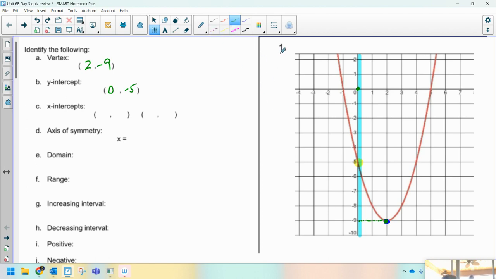X-intercepts. Well, if the y-intercept is where it touches the y-axis, then the x-intercept must be where it touches the x-axis. We're going to do a purple line across the x-axis. And where does that red parabola touch the line? I see one right here and one right here.